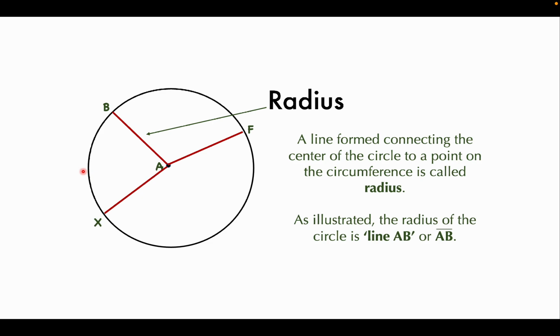Anong common lang sa kanilang lahat? They have one common point, which is the center. So AB, AX, AF. Miss, pwede po bang magkabaliktad? Pwede po. Pwedeng BA, pwedeng FA, pwede ding XA. Wag lang BX, wag lang BF, and wag lang XF. Ano? Kasi iba na yon.